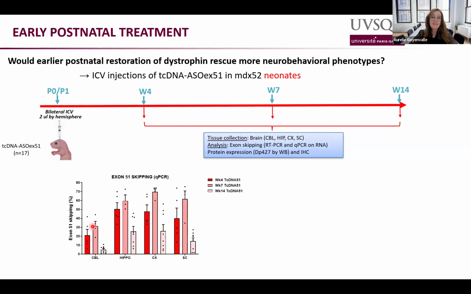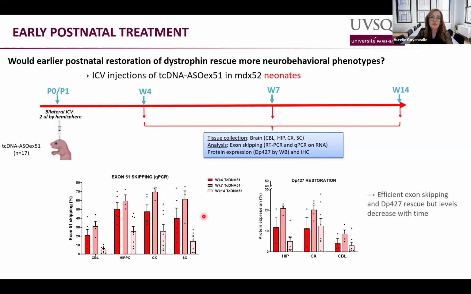And you can see that this leads to very high levels of exon skipping and also of dystrophin restoration. So, for example, here, 7 weeks after the treatment, we are at about 20% of dystrophin restoration, which is higher than what we had by treating the adults. Unfortunately, the levels decrease with time.